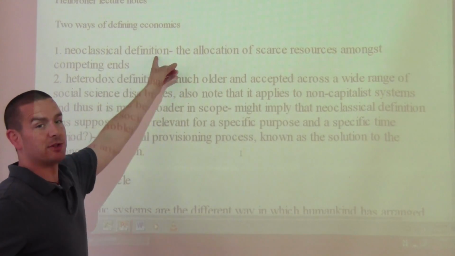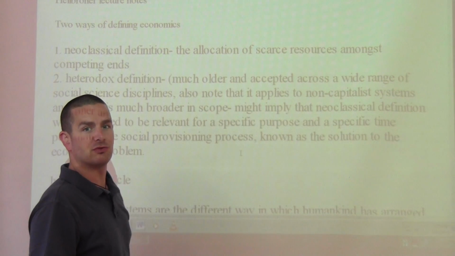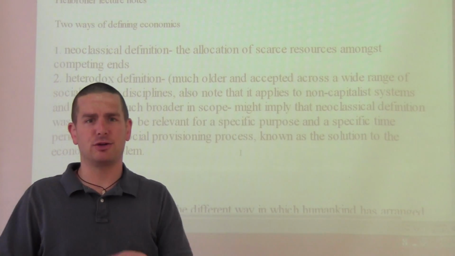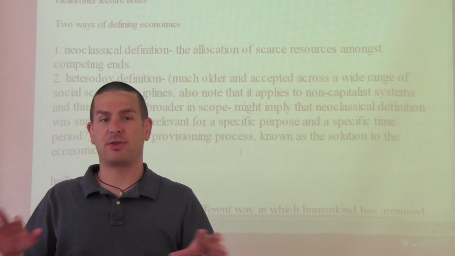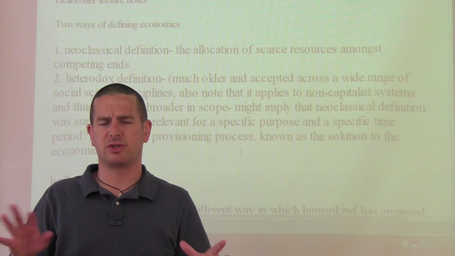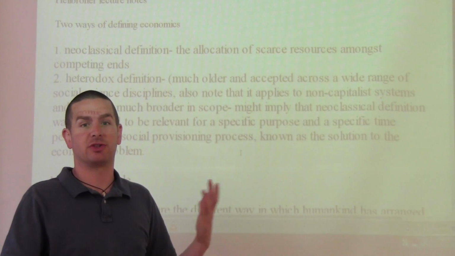But that the neoclassical definition of economics is the allocation of scarce resources amongst competing ends. Okay, so it's the allocation, how things get divided up, of scarce resources. So resources are scarce. We are just assuming resources are scarce.